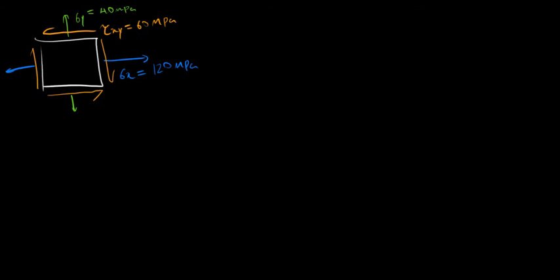Alright. First thing is, I'm going to pick a face, and I'm going to call this the vertical face, and I'm going to call that one the horizontal face, H for horizontal. This is what I mean by a face.